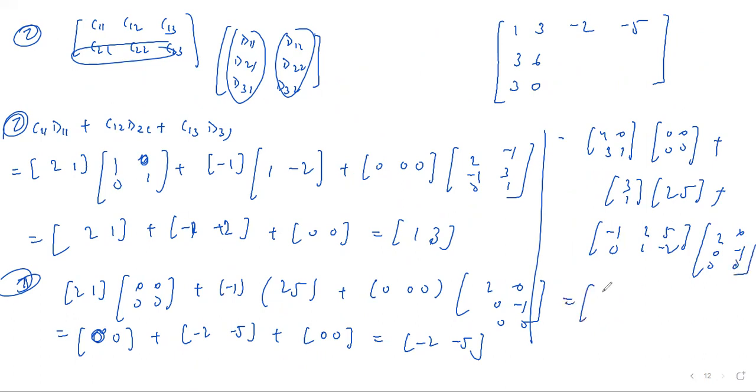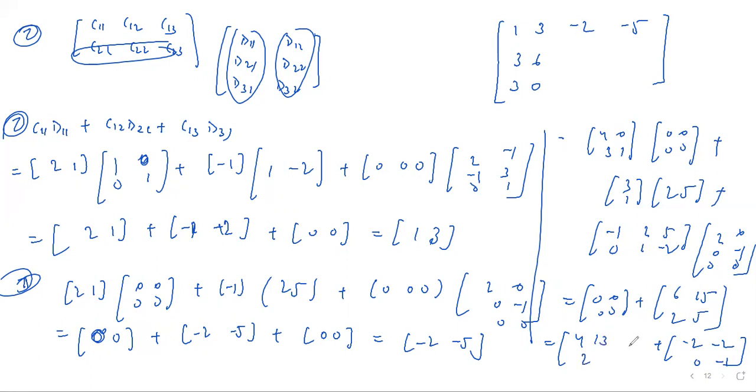That will be equal to: my first one is 0 0 0 0, plus the second one is 6 15 2 5, plus the third one is minus 2, minus 2 0, and this is minus 1. So from here I got 4 13 2 4. This is 4 13 2 4.